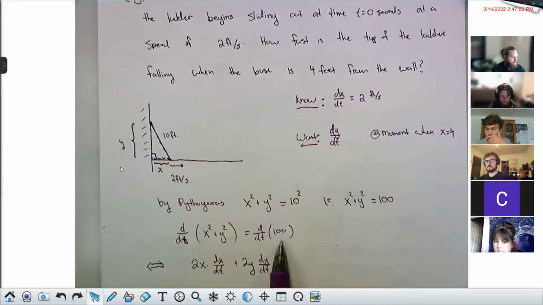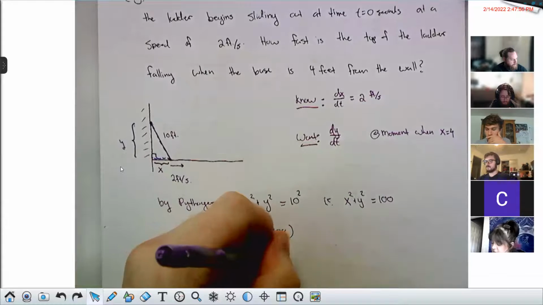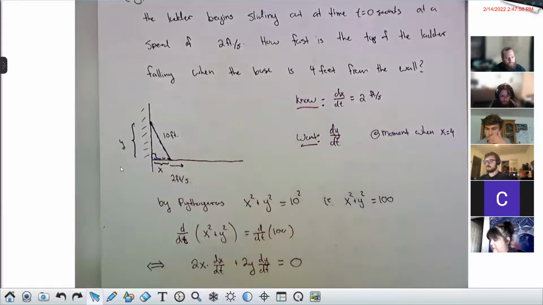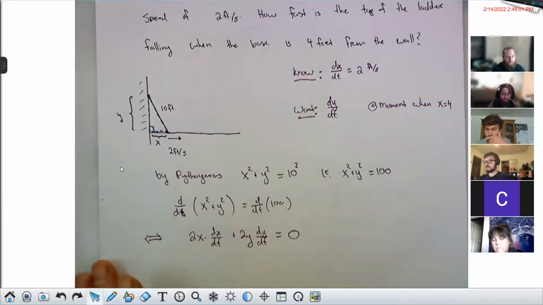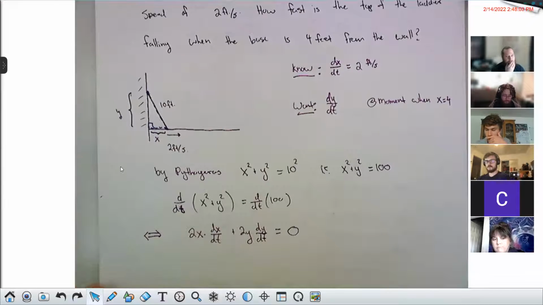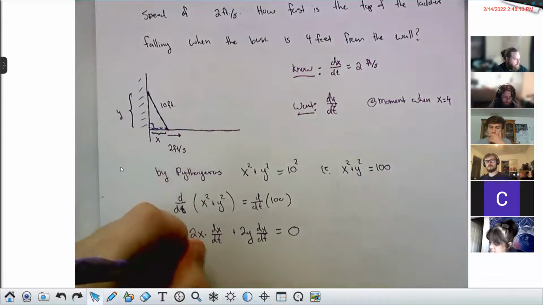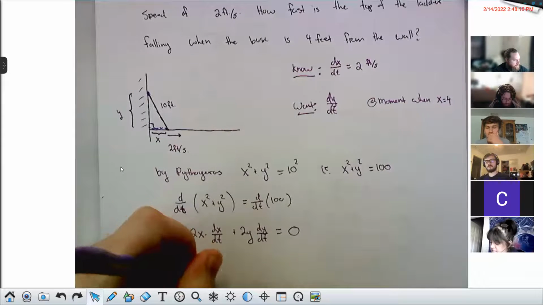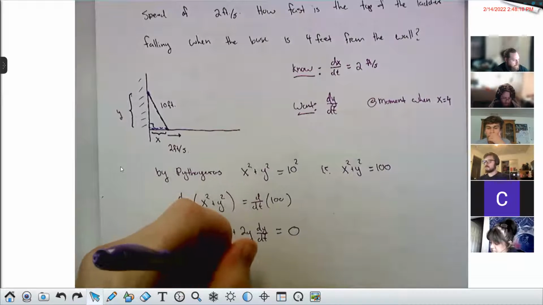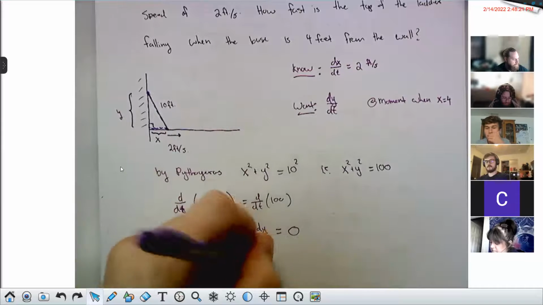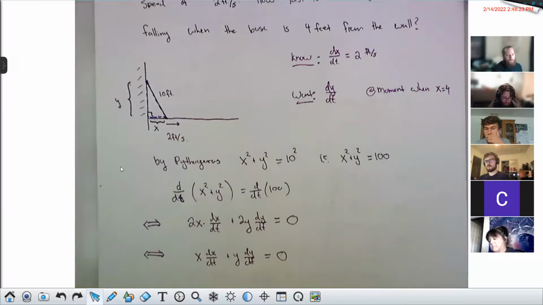And the derivative of a constant, no matter what variable you're differentiating with respect to, will always be 0. We can divide both sides by 2. You get x times dx/dt plus y times dy/dt is equal to 0. And that's your nice little differential equation, which we can plug into as needed.